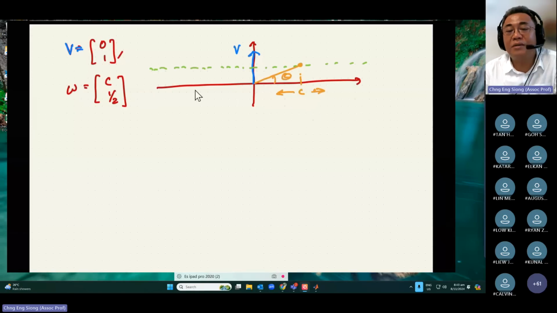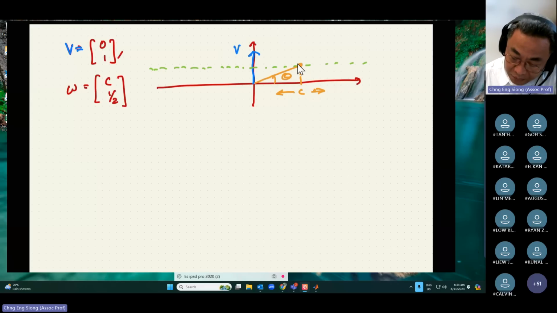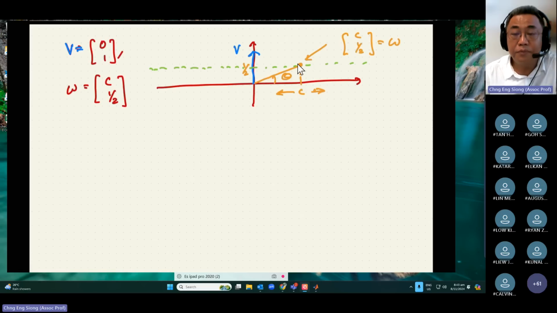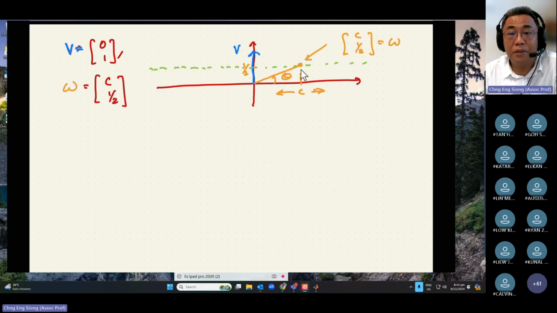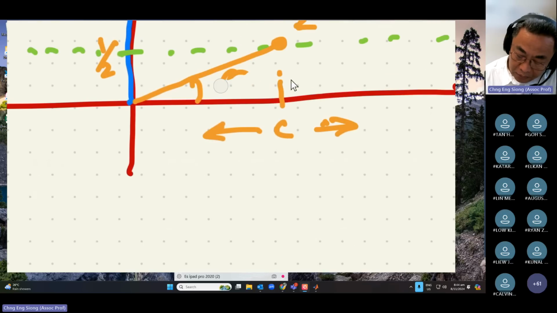So once you figure this out, this is a much easier way to visualize the problem. We are asking the problem of, let us find C, and this is half here. So this point is C and half, equals W. So I should use the orange for this guy. So W is the orange vector, blue is the V vector, and so the theta is wrong, because theta is between who, guys? So this is the wrong theta.